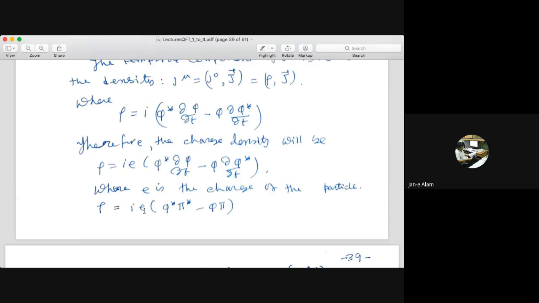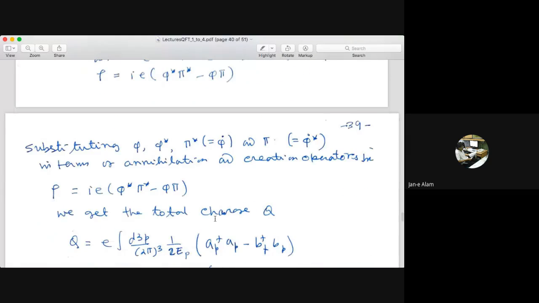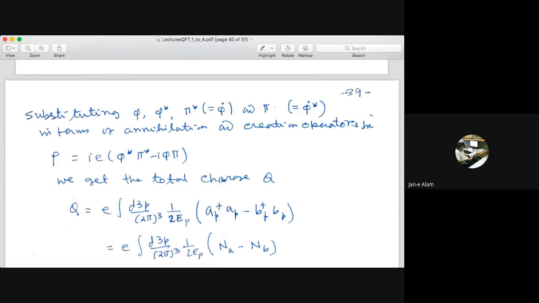So rho is the charge density, and it comes in terms of pi star and pi. I know the expressions in terms of annihilation and creation operators. I know pi, I know pi star. I will put all the expressions in and then do a little algebra.